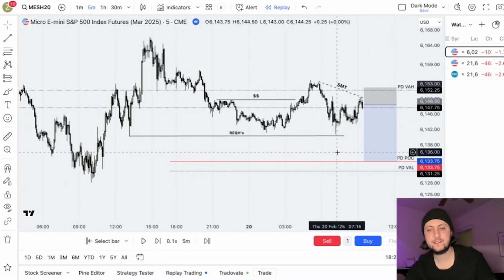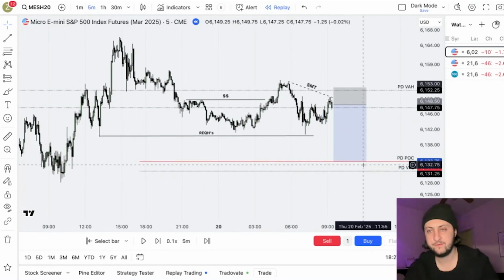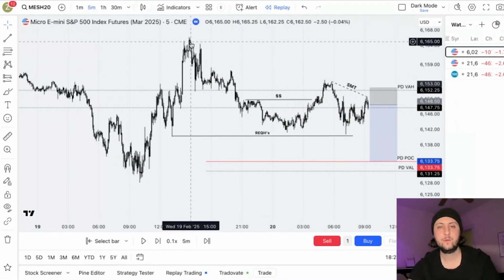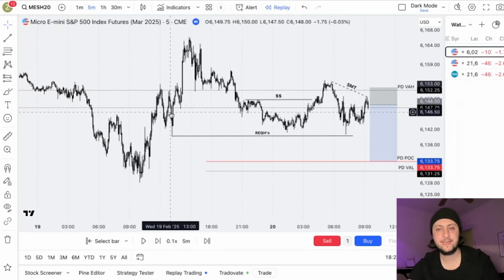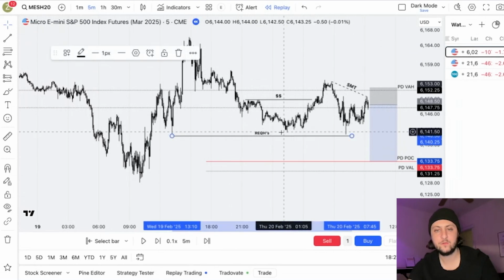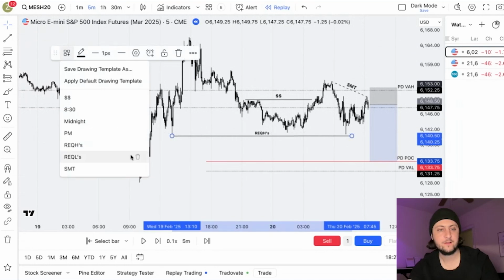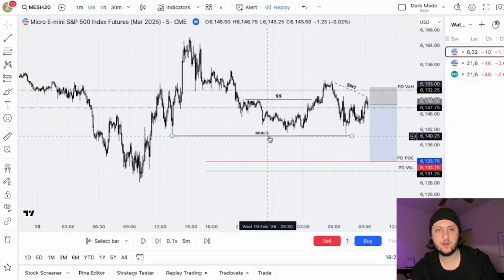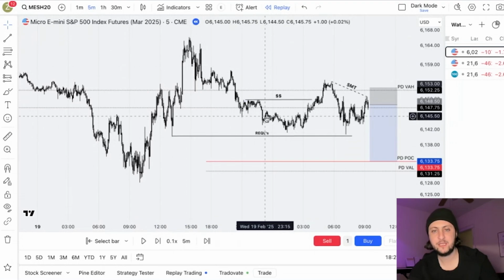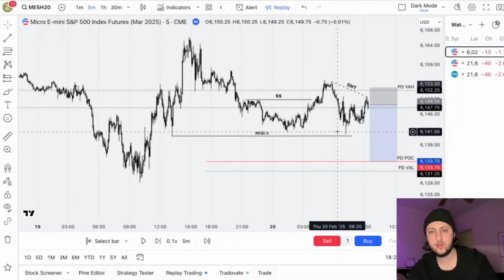So if we just start stacking these confluences, right? We have the 80% setup in play. We want to trade down to the previous day's point of control. We put in a high right here. We started getting some displacement lower, taking out all of these lows, but then we left relative equal lows right here. We put in a short-term high, had some displacement lower, left relative equal lows.